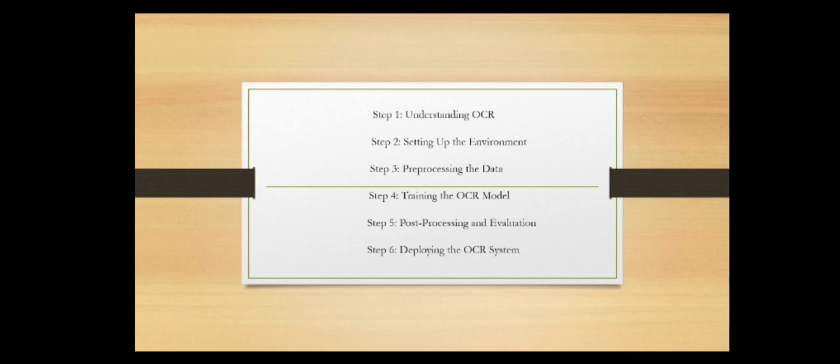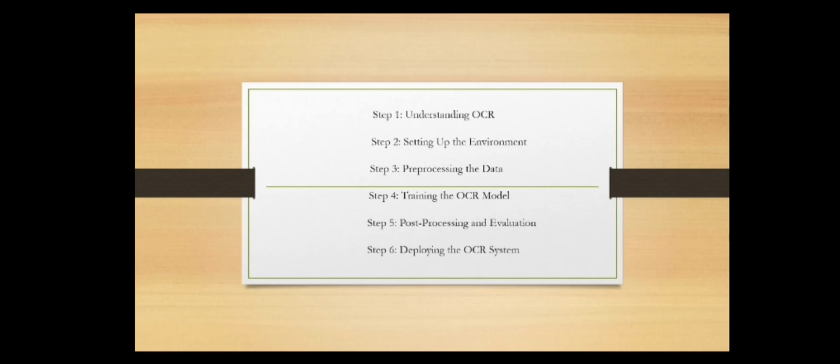This involves training it with a labeled dataset of images and their corresponding text. And the second option is building a custom OCR model with machine learning. If we need more control over the OCR model, then we can train a neural network from scratch.